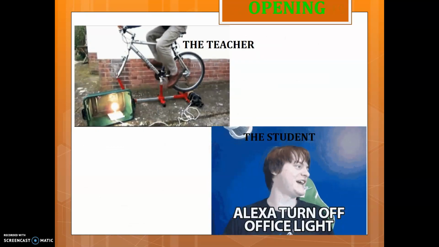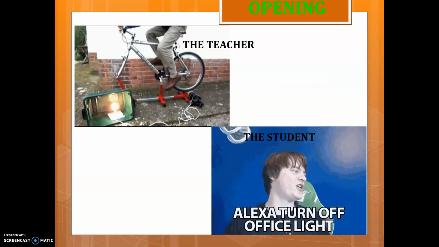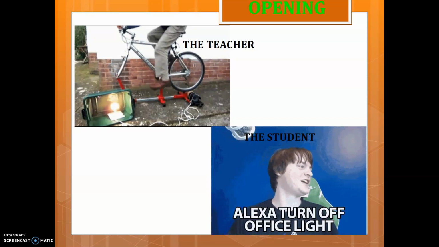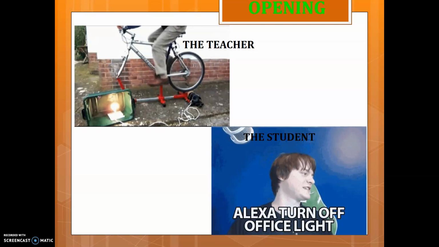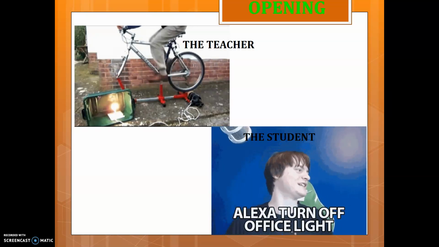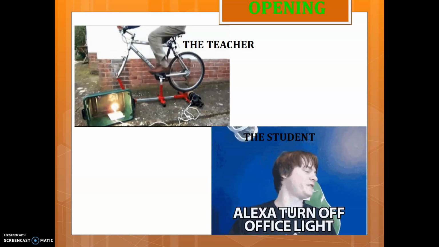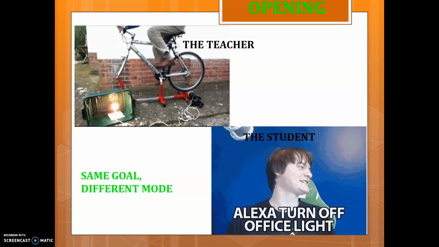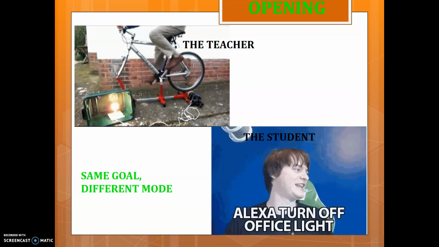So we introduced this little pictorial discussion in our session where we talked about what teachers used to do and what students currently are able to do. What we deduced was this: both teacher and student have the same goal, which is to turn a light off and on.